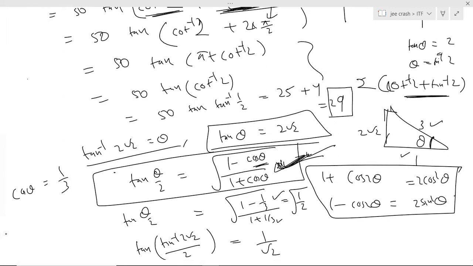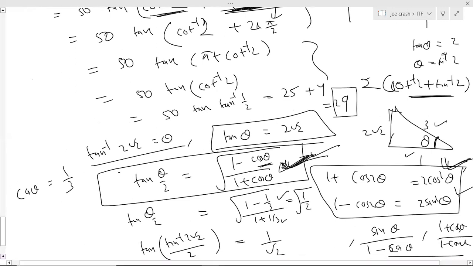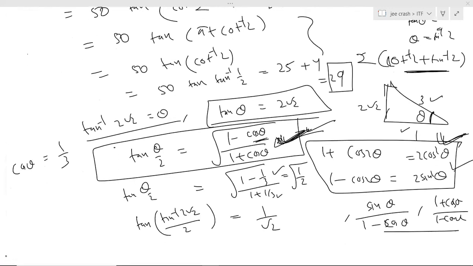And let me tell you again, this is a very important formula, extremely important. Whenever you see sine theta upon 1 minus cos theta, or 1 plus cos theta upon 1 minus cos theta, all of them are based on the same formula.